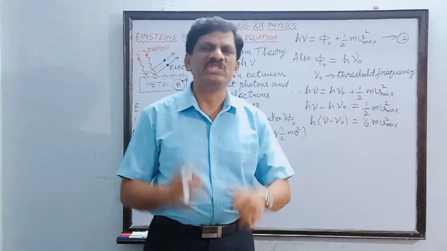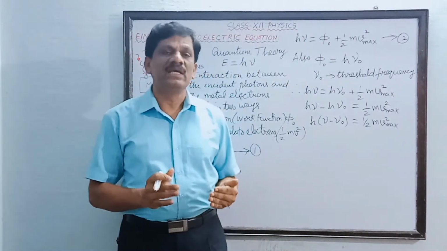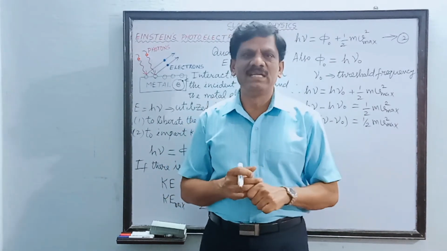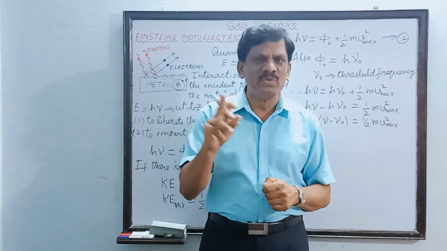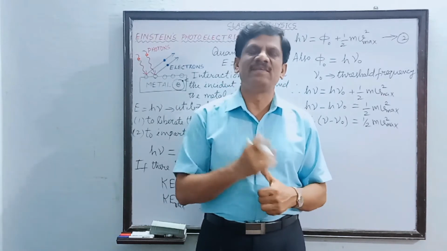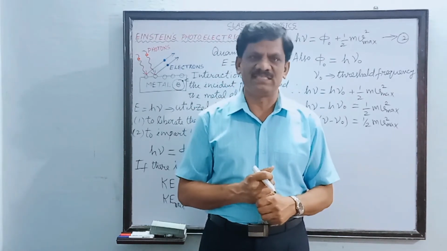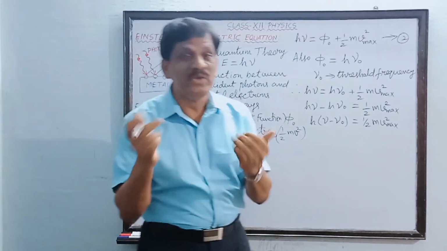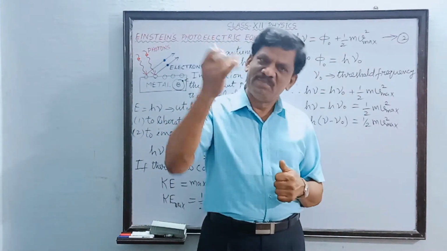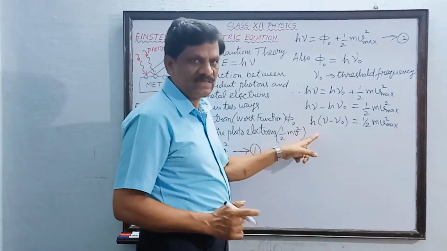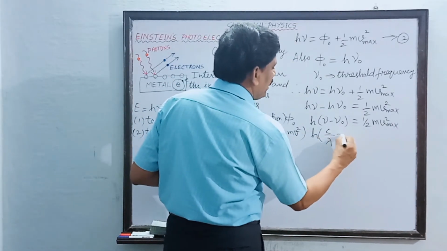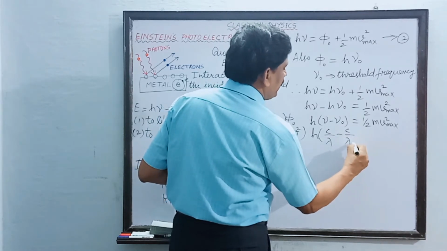What is the relationship between frequency, wavelength and wave velocity? We have studied c equal to νλ, where c is the velocity of electromagnetic radiations. So c equal to νλ means what should ν be equal to then? c by λ. So I can also substitute here h into (c by λ minus c by λ₀).